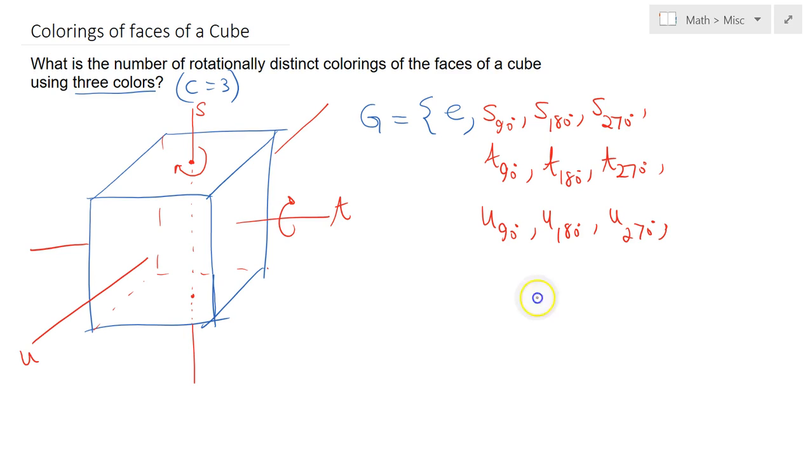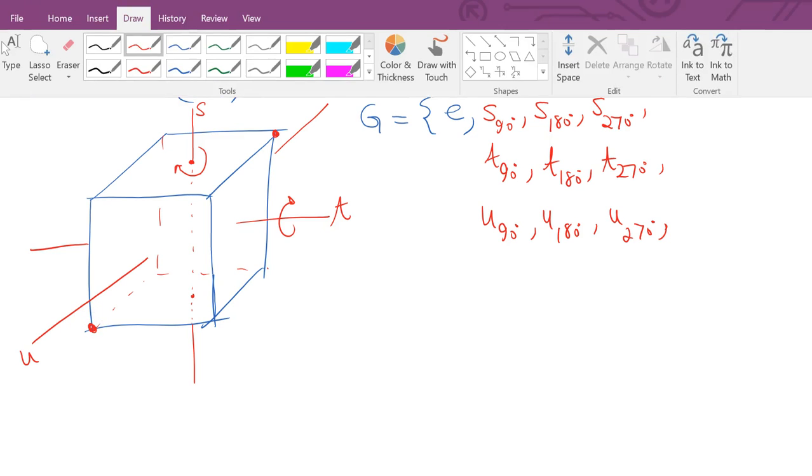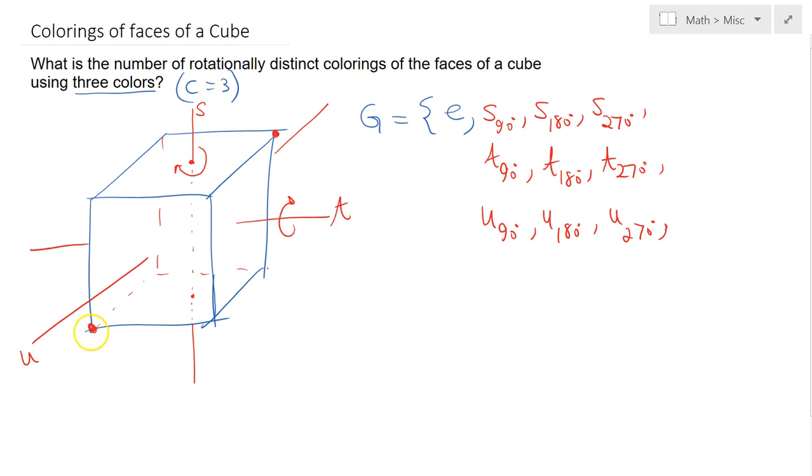Well, another one would be the space diagonals. For instance, if you consider these two vertices which are opposite to each other in space, let me represent them with a different color. Then if you consider this axis of symmetry, and I look at it from this angle, what I would see would be something like that. So I would see the cube like this.